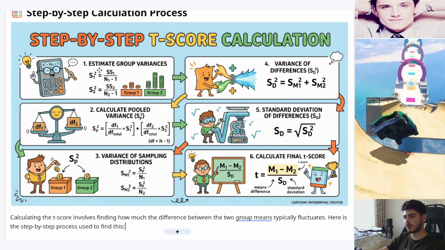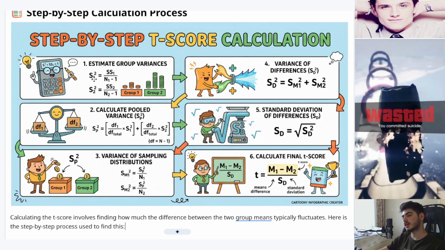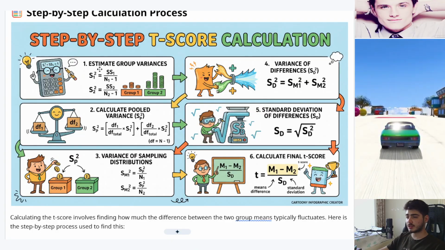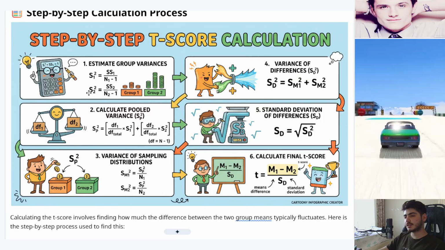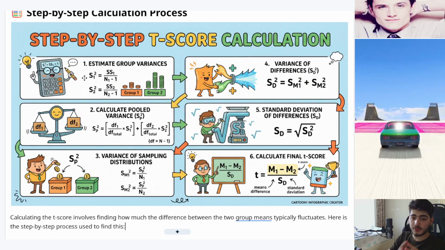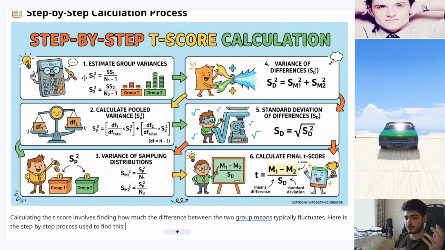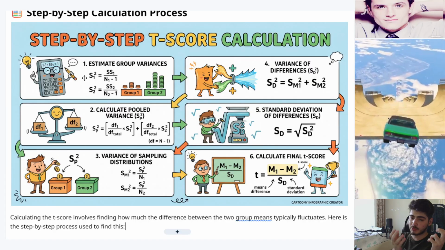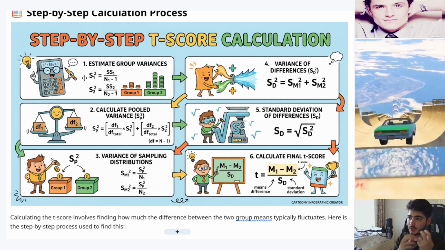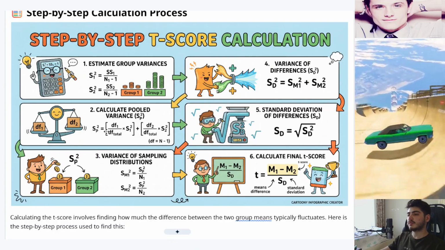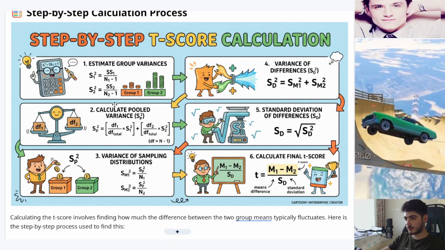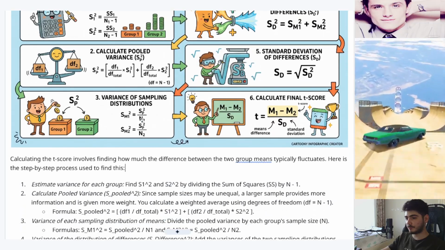So this S2 that we find, which is the variance, is actually just an estimation. And as you can see, we repeat the same process for the other group as well. So we treat each group as a separate matter at hand initially, and then we calculate the pooled variance of both of them.